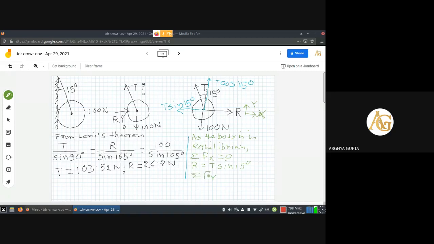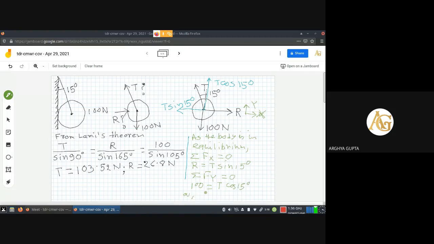And summation of forces in the y direction is also 0. So Y direction forces are again 0. So 100 Newton is equal to T cos 15 degree.